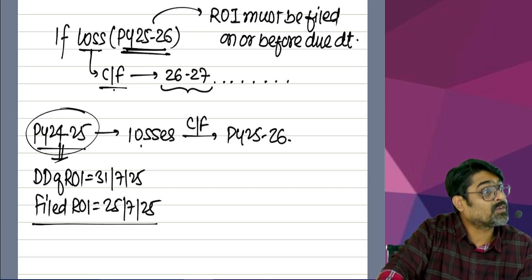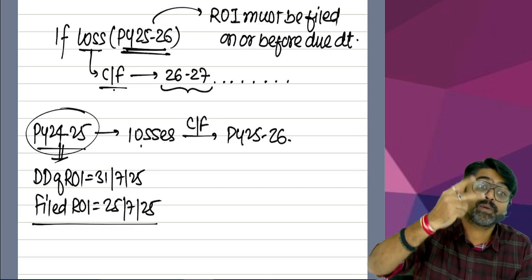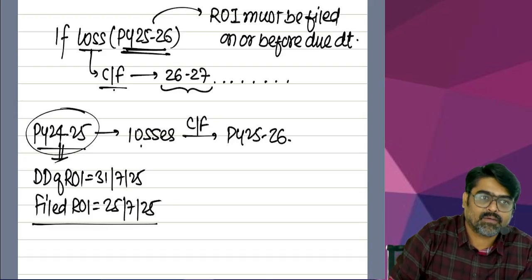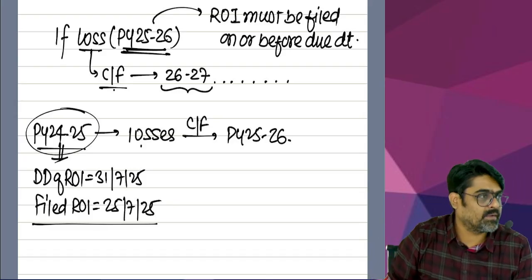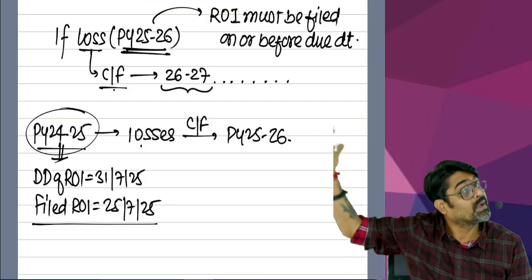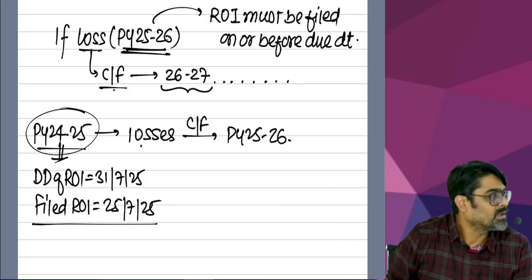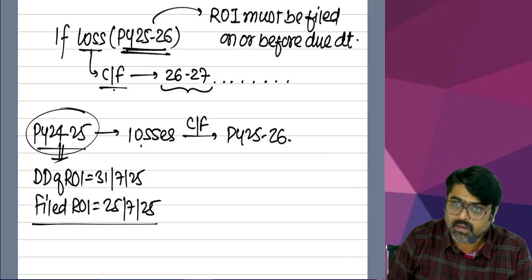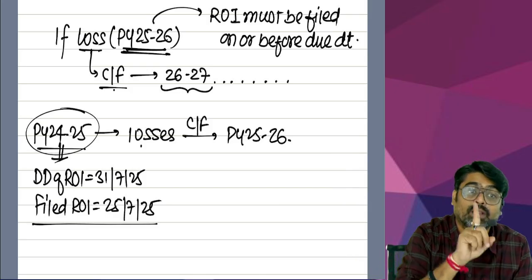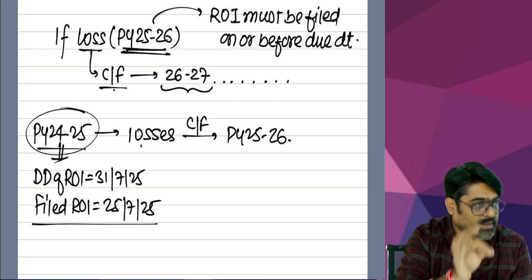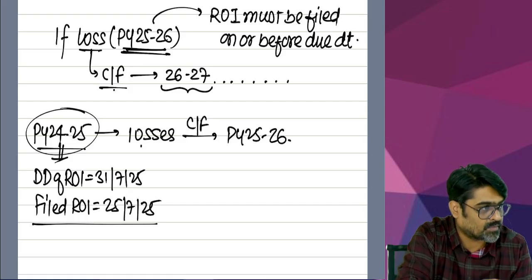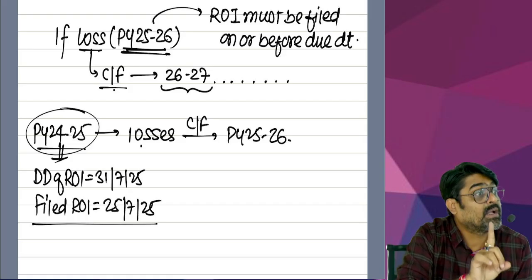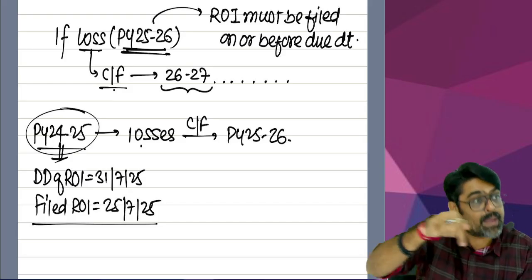This year's losses will still be set off as per section 70 and 71. But the losses of 25-26 will not be allowed for carry forward in the subsequent year. Yes or no? Will you remember this? But this restriction is applicable only in the first year. The year in which the loss is calculated for the first time. So restriction is applicable for the first time carry forward.